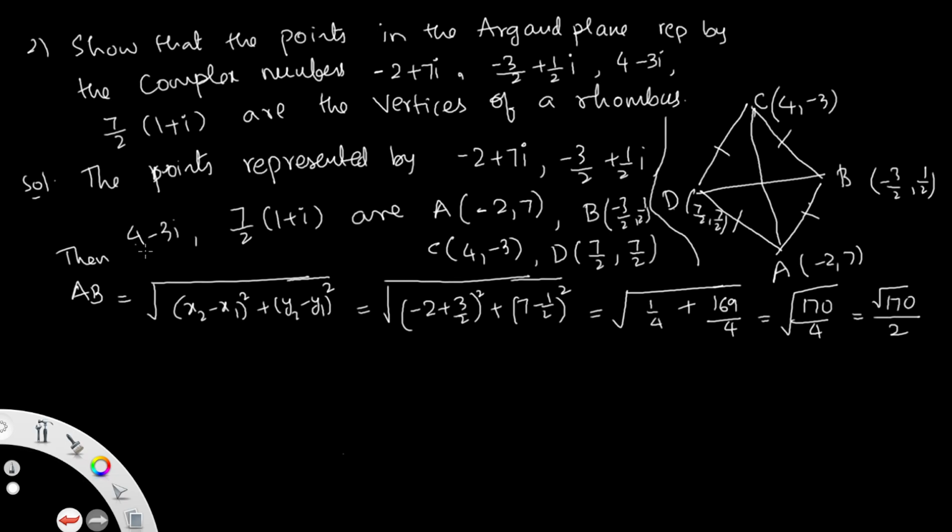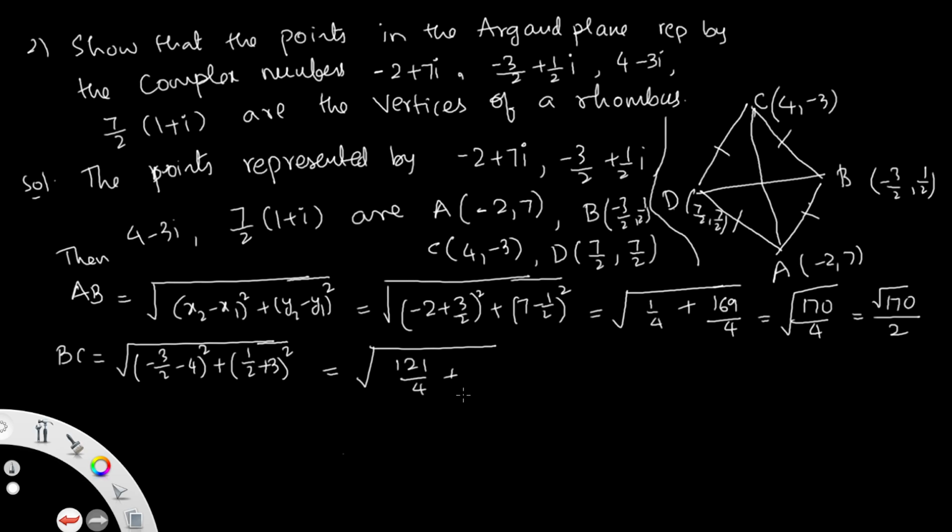Similarly, find the next side, BC, using the same formula. B to C: (minus 3 by 2 minus 4) whole square plus (1 by 2 plus 3) whole square. Taking the LCM, minus 3 minus 8 gives minus 11, so 121 by 4.